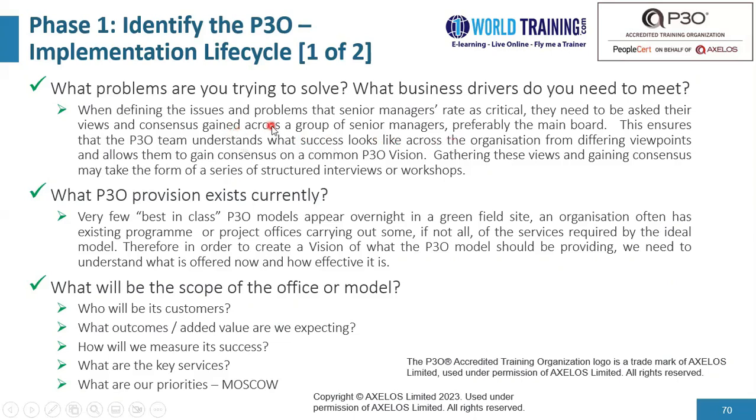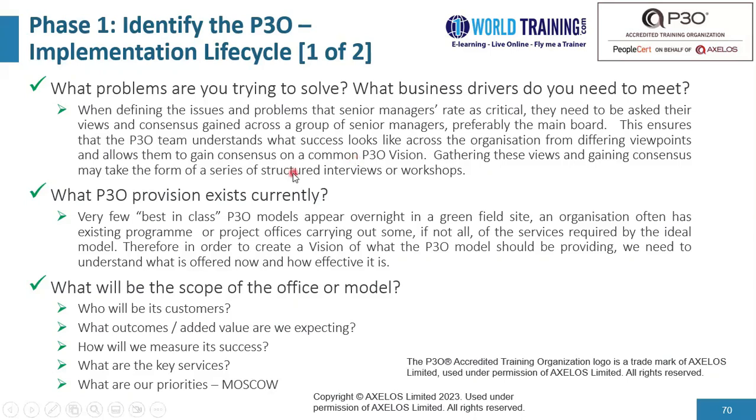When defining the issues and problems that senior managers rate as critical, they need to be asked their views and consensus gained across a group of senior managers, preferably the main board. This ensures that the P3O team understands what success looks like across the organization from different viewpoints and allows them to gain consensus on a common P3O vision. Gathering these views and gaining consensus may take the form of a series of structured interviews or workshops.